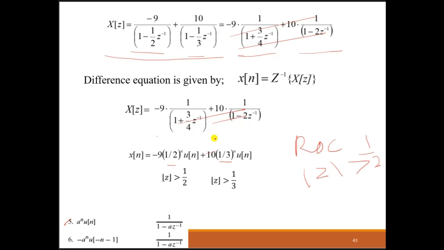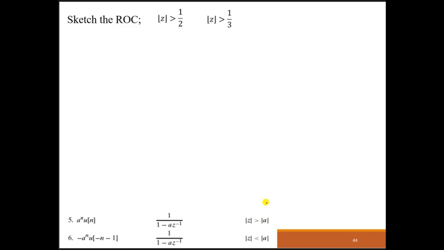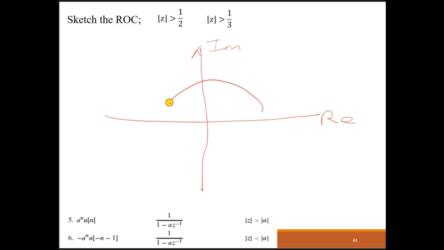Alright. So how to sketch your ROC, same as before. You sketch your z plane. Okay, so you have 1, and then you have 1 over 3. Sorry, this is 1 over 2, this is 1 over 3. This sketch is terrible.